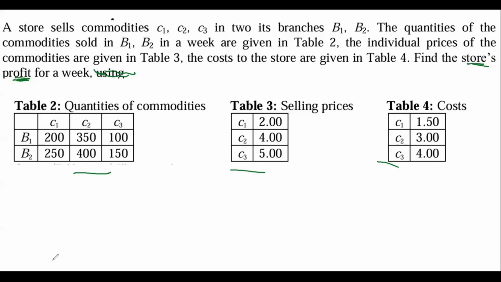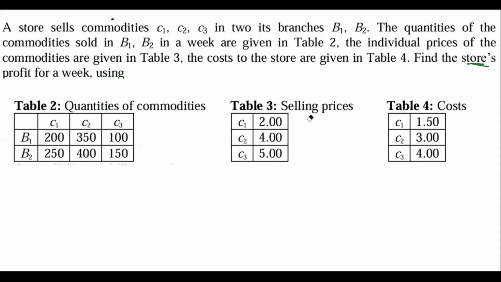Profit is usually how much you sell, your revenue, minus your costs, right? I think we used to say profit equals selling price minus cost price. So remember, these are various commodities that cost different things at different branches, right? So it's a little more complicated than your fourth form level of arithmetic.